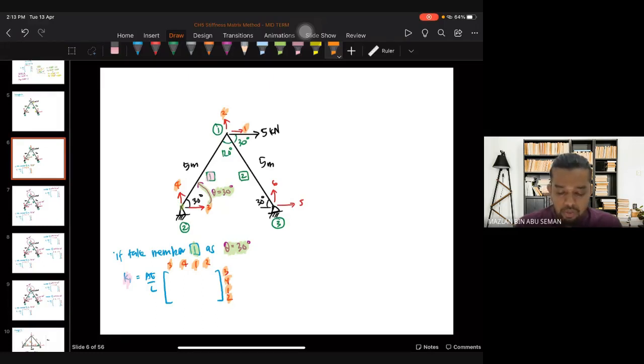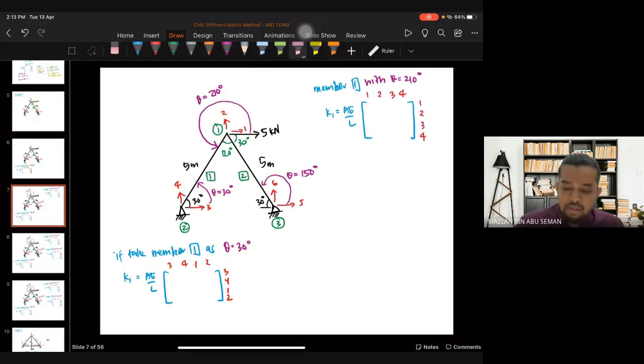Then we take the same member, but you want to start your angle at joint 1. So the angle from positive x-axis is this angle.